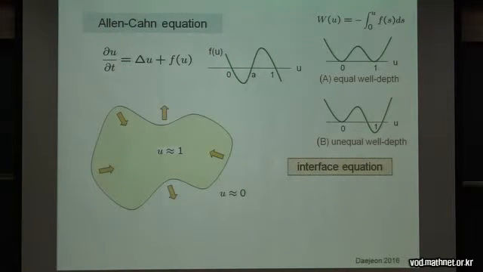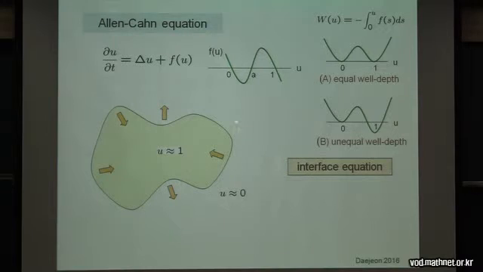I don't go into the details, but the Allen-Cahn equation, which is of this bistable type, has a completely different property from the KPP equation, which I will mention more later.